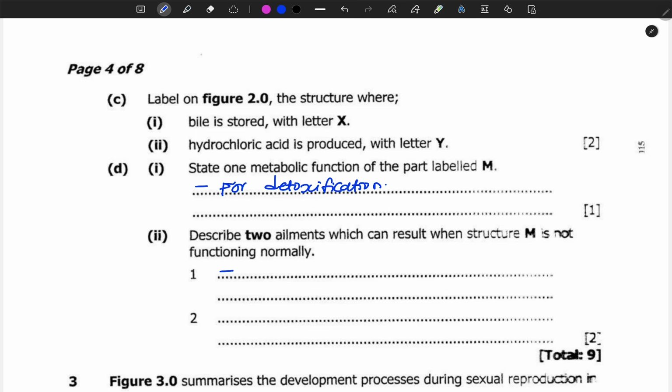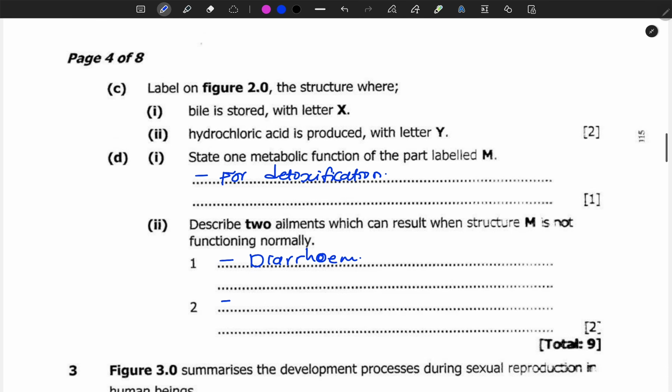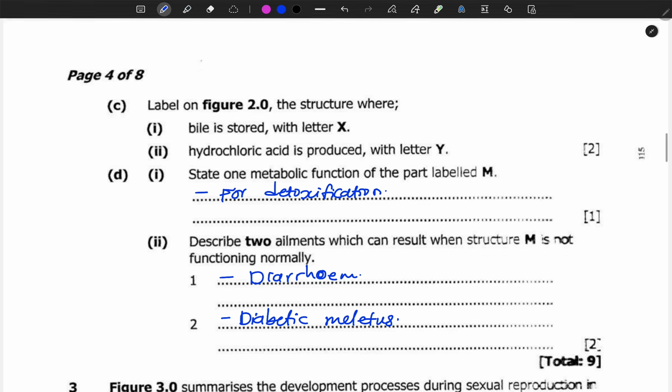So when the liver is not functioning properly, we may have diarrhea, then also, since it deals with the storage of glucose, indirectly we may also have diabetes, diabetes mellitus.